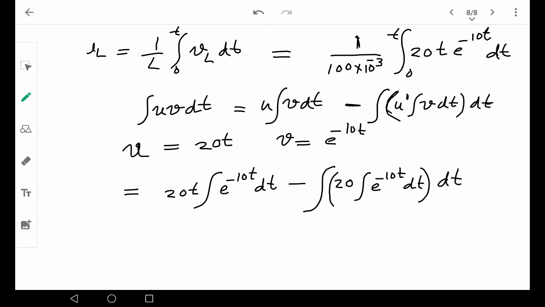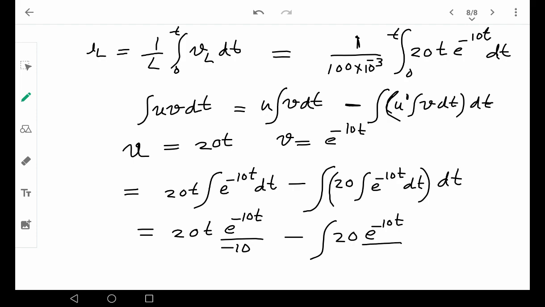This will be 20t into e raised to minus 10t divided by minus 10, isn't it? Minus integral 20 e raised to minus 10t by minus 10 dt, right? Isn't it?